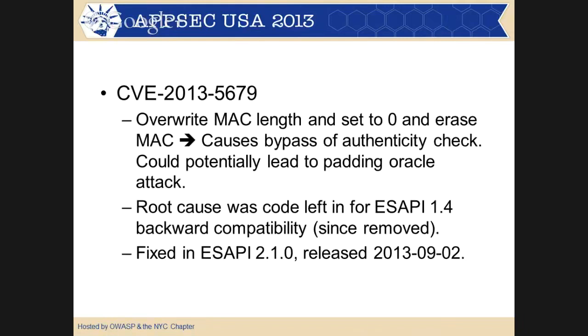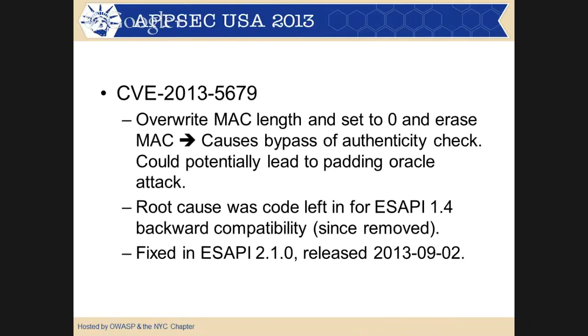Basically they were allowed to override the authenticity checks that we use to ensure the data integrity of the ciphertext and initialization vector. The result is that this can potentially lead to a padding oracle attack, which was one of the reasons why we redid the crypto in 2.0 in the first place.